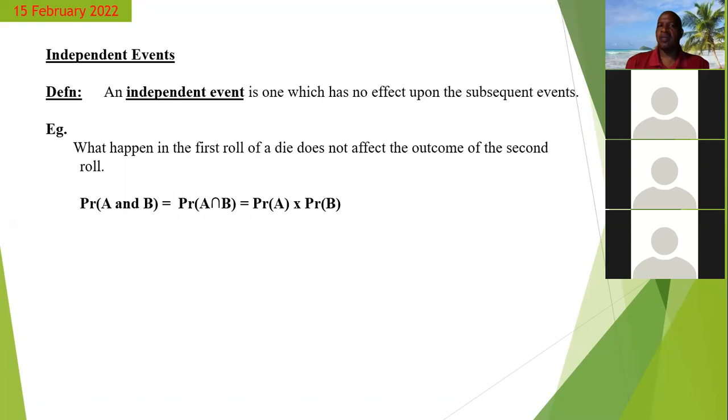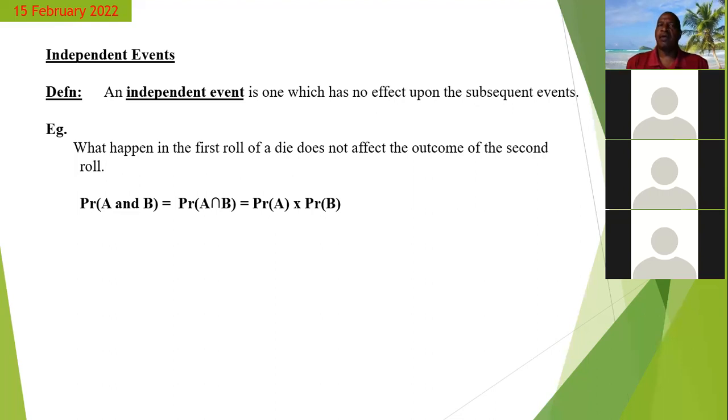Now, what do we mean by that? Whatever happened in the first event doesn't affect what happens in the second event. So in other words, if you have a bag with 10 marbles, 4 are blue and the remainder are red. So we have 4 blue marbles and 6 red marbles. Now, if we are going to draw a marble from the bag, what would be the probability of getting a blue marble?